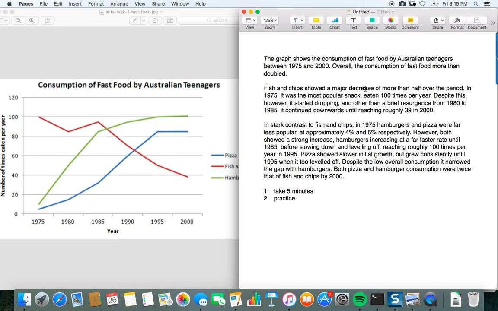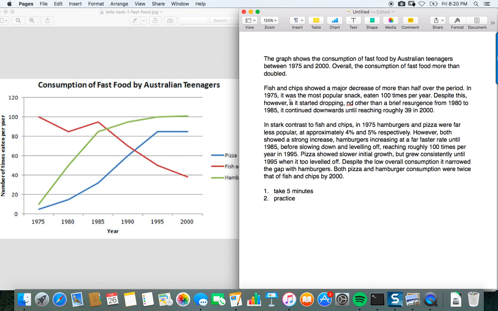So it says a major decrease of more than half over the period. All right, overall trend. Then you follow with data. In 1975, it was the most popular snack. Again, trend, data, 100. Okay, trend, and then data. Despite this, however, it started dropping. Okay, so you go again with the trend.